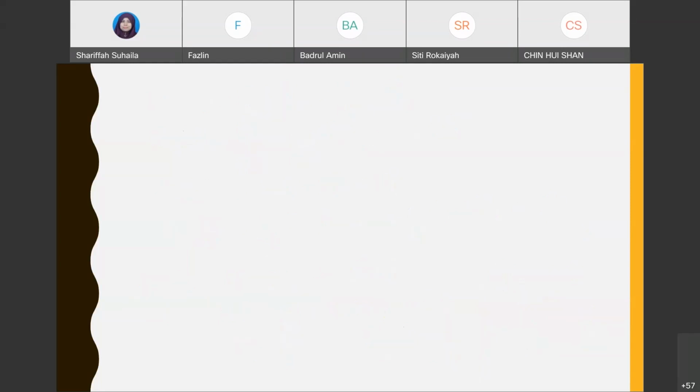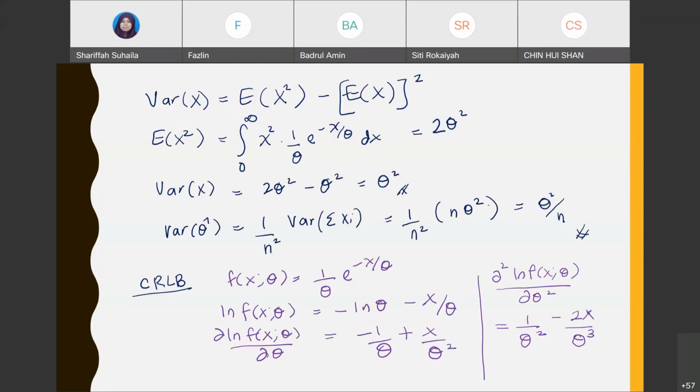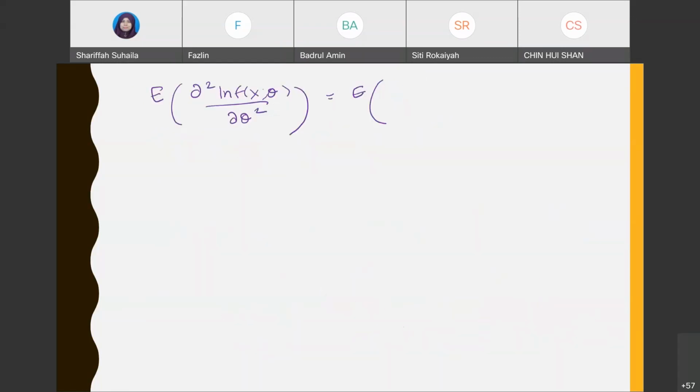So the expected value of the second derivative of ln f(x; theta) is 1 over theta squared minus 2x over theta cube.